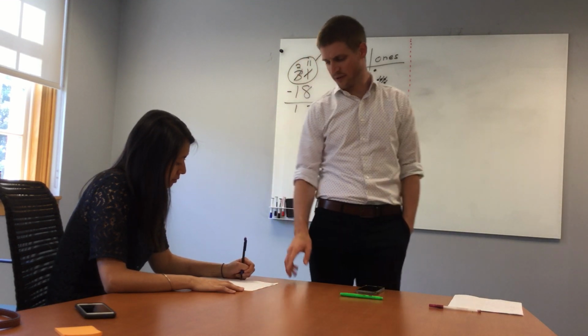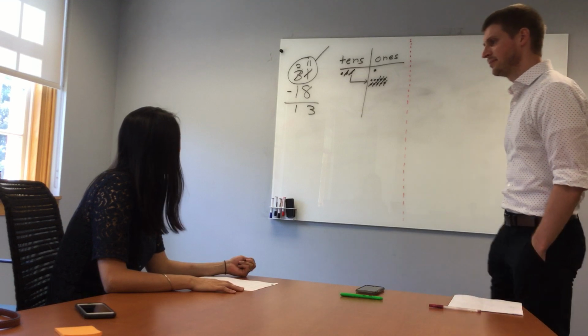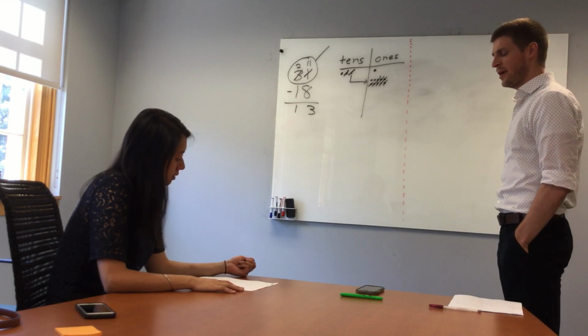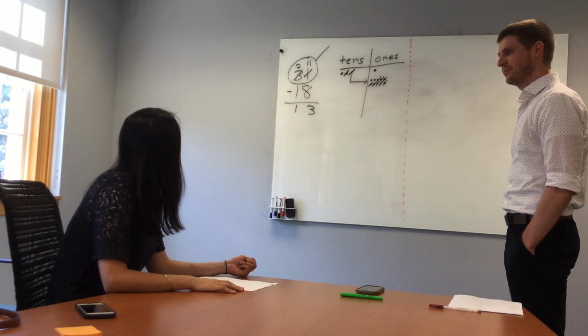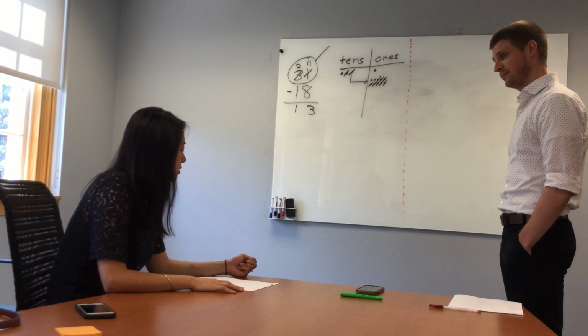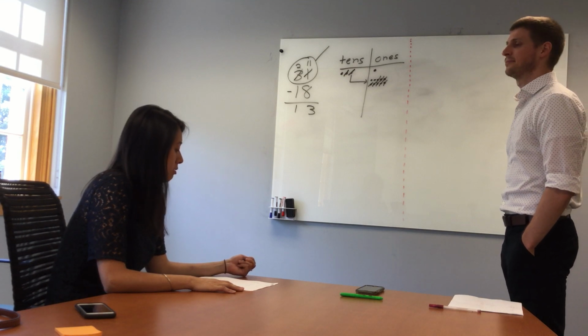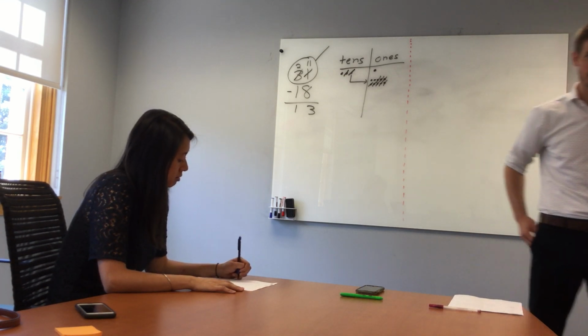What did you notice that's different about this problem than the example on the board? Didn't need to unbundle. How do you know that? Because in the ones column, I could take away 4 successfully from 6. Great. Continue working. Thank you for answering that.